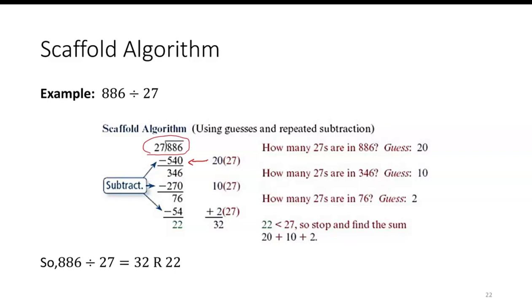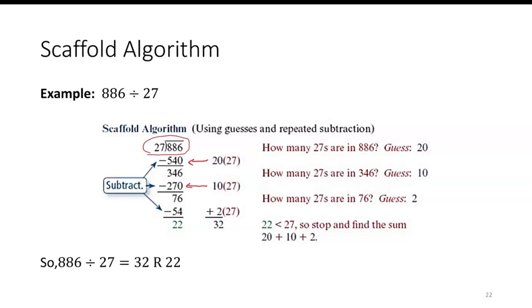And now I'll repeat with the 346. How many times does 27 go into 346? Well, 27 times 10 is 270, so that should work. So let's guess 10. 10 times 27 is 270, so put that there and subtract. 346 minus 270 is 76. And now I do this again. How many times does 27 go into 76?